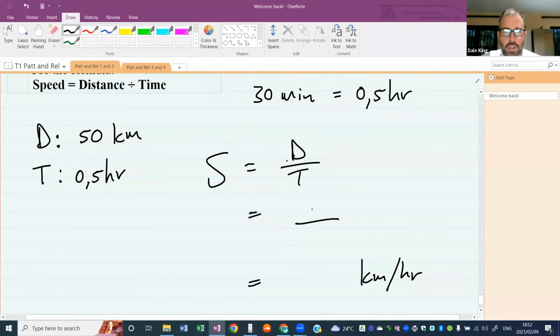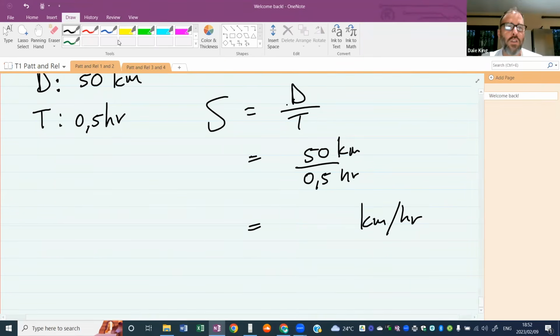So into my formula, I inject these values in. 50 on top, 0.5 at the bottom, and I can hear Kia's thoughts screaming right now. She's like, Dale, please put the units in. Don't forget the units. Okay.